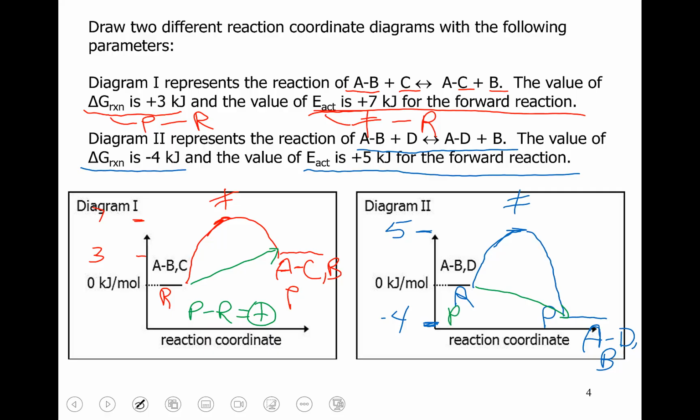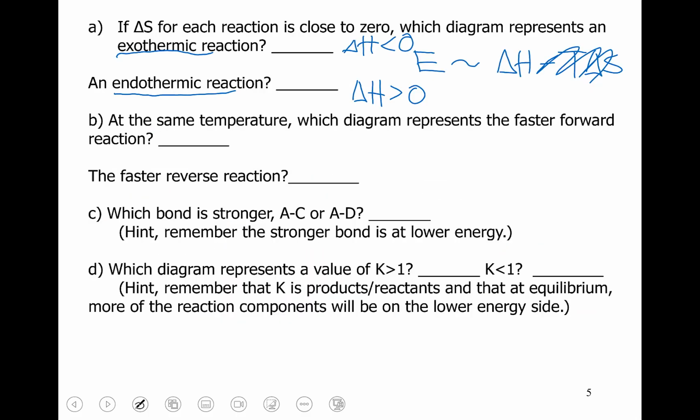So when I take product minus reactant, I am going to get a negative value. Plus is going to be endothermic. Minus is going to be exothermic. So let me fill that in. The negative one was reaction 2. The positive one that went uphill to product is reaction 1.